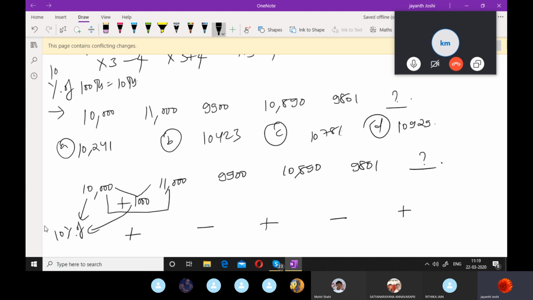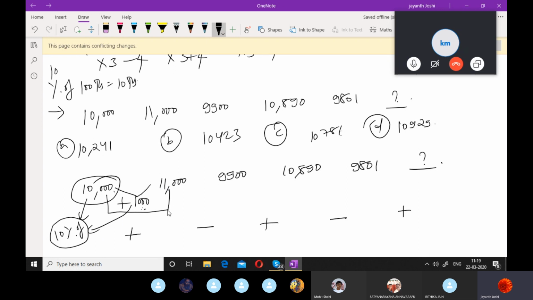Okay, so in the same way, I took 10% of a number, 10% of 10,000, which is 1,000, and added this particular 10% of a number to itself and got the next number.